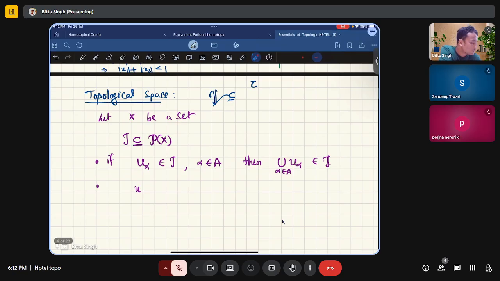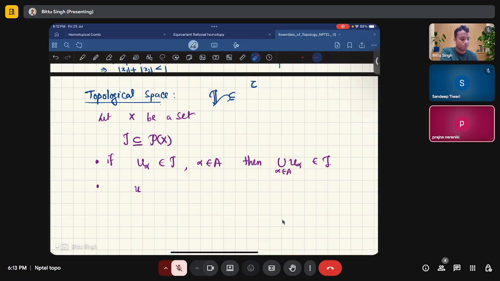You can take this A to be the real numbers, so all those points can be chosen, or any kind of union. It is not limited to a finite union or a countable union. So you can take an arbitrary union over the real numbers, over everything, whatever elements are given here. Okay, sir. Got it. Thank you.